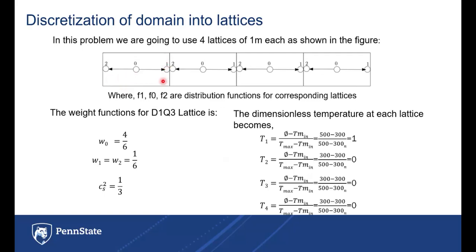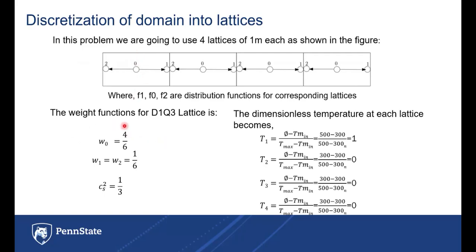The F1 here means the distribution function towards the positive direction, and the F2 means towards the negative direction, if we make the right one the positive direction, and the 0 means the distribution function stands still.